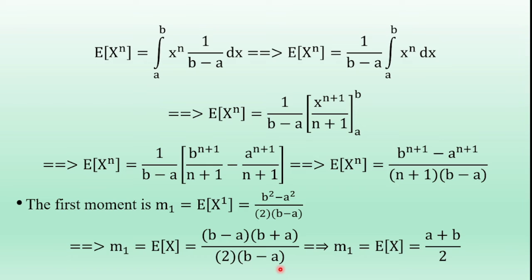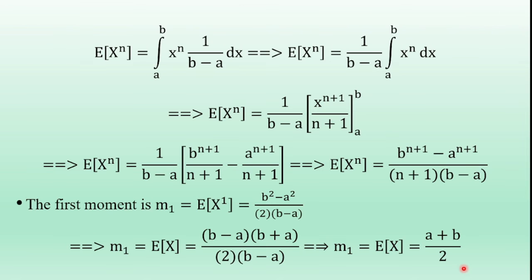The numerator and denominator (b minus a) cancel. So we get the first moment or mean value of the uniform random variable as (a plus b) by 2. This is the final expression of the first moment or mean value of the uniform random variable.